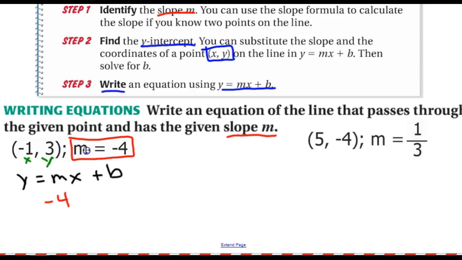So what we're going to do to find b is plug in these points for x and y. So x is -1, so instead of my x, I'm going to have a -1. And instead of y, I'm going to have 3. So what we're looking for then is b. So we have to solve for b.